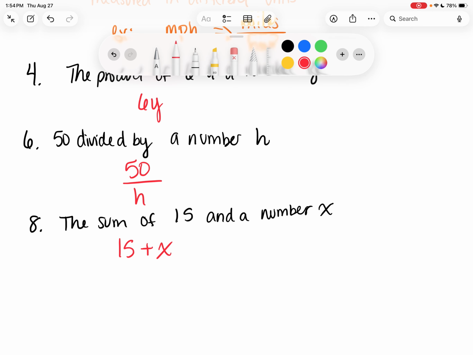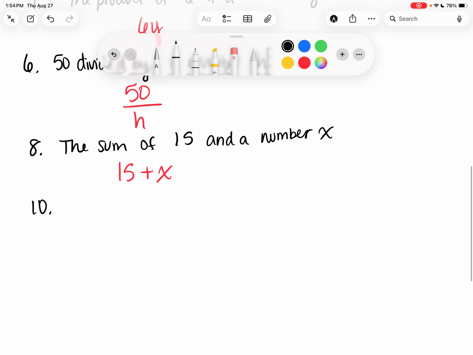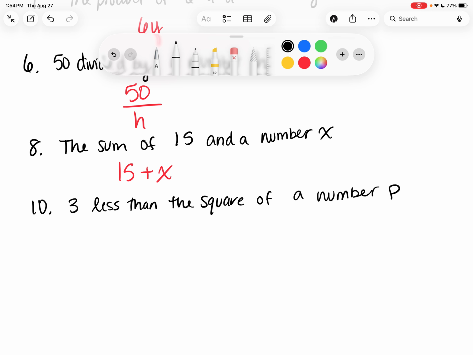Number 10, 3 less than the square of a number p. Close. So it's 3 less than the square of a number p.